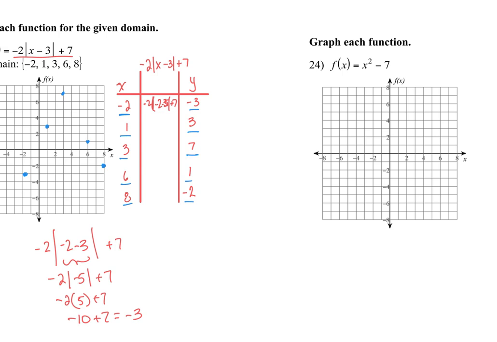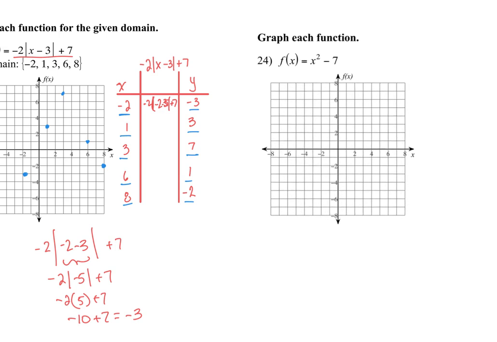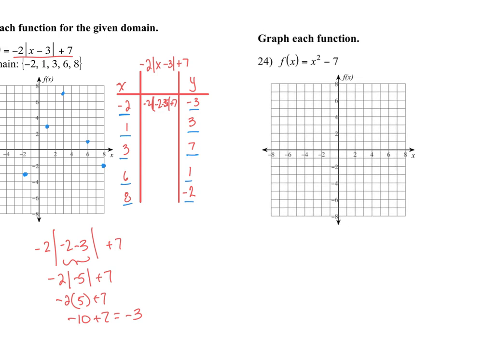For the next one, I have not given you anything, which means this is a continuous function. It goes on, right? And so here's what I want you to do for these. I want you to draw a chart, just like you did before. But you have to pick your X's. Here's what I would recommend you do for your X's.